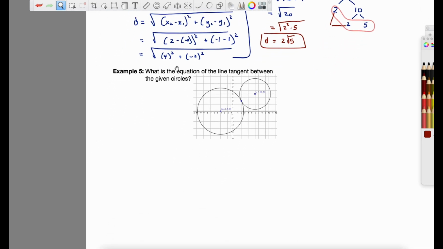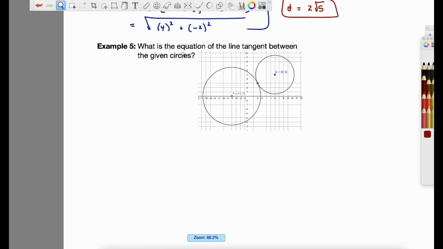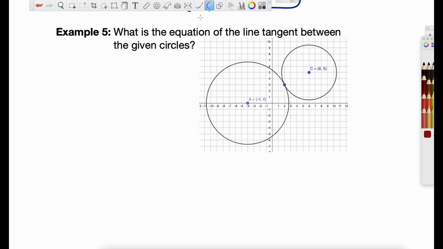Okay, last example here. I like this one. What is the equation of the line tangent between the given circles? Okay, so I've got two circles, circle A and circle C, and I see a point here. How can we make sure that this point is the point of tangency?